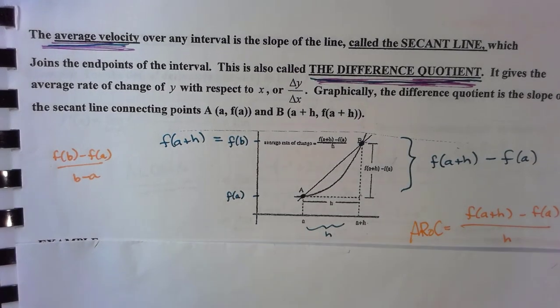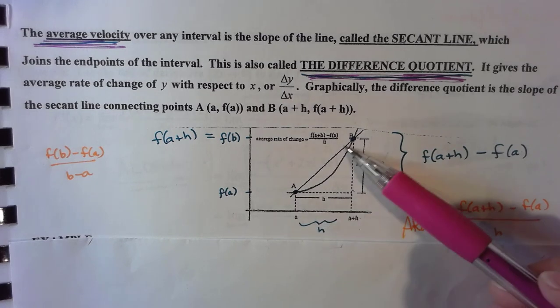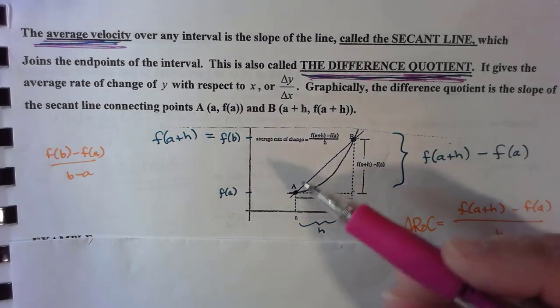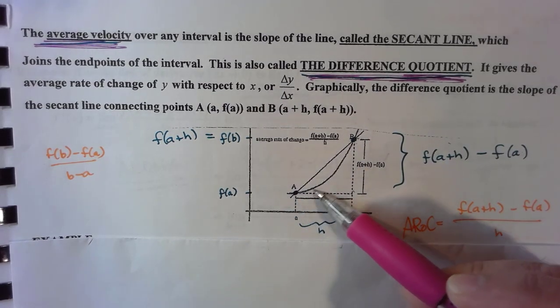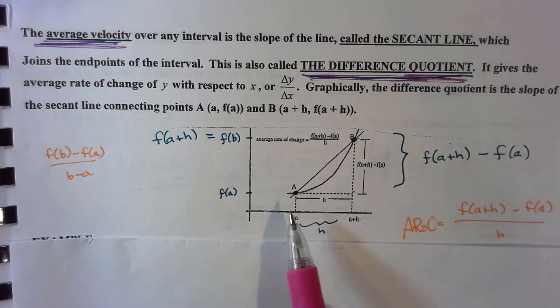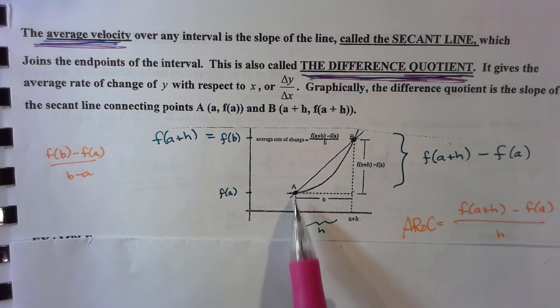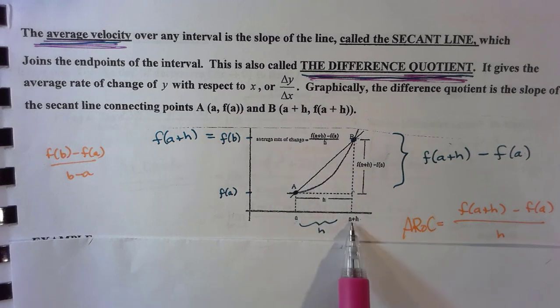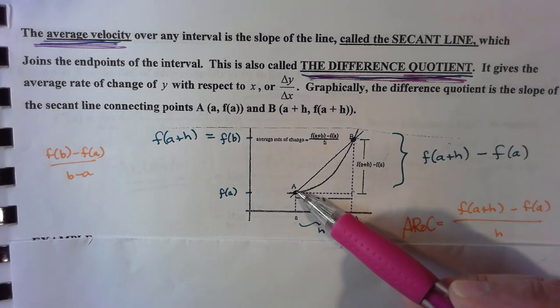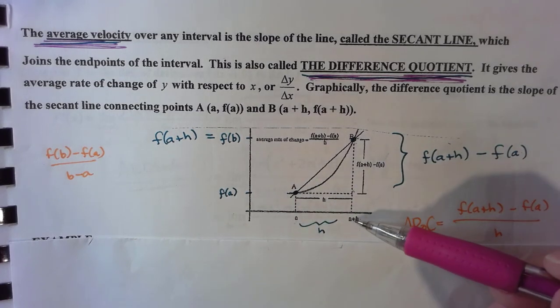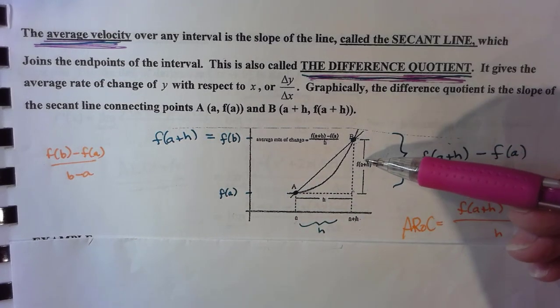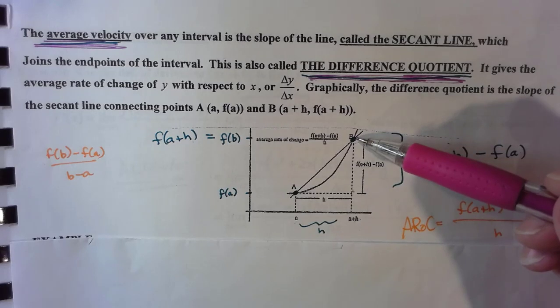So if we look at this little diagram here, and here's our point A and here's our point B, and this is part of that last graph where we did this, okay? Here is A, where I am, and a plus h is after a certain amount of time has elapsed. Here's my y value, f at a, and my y value here is f at a plus h, okay?